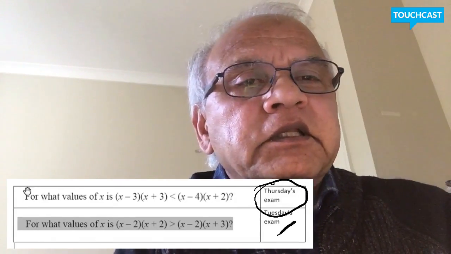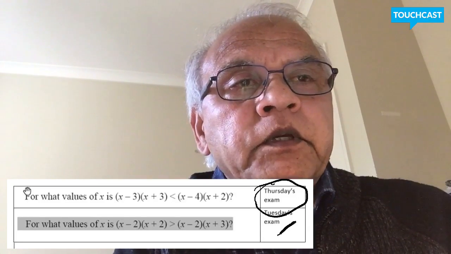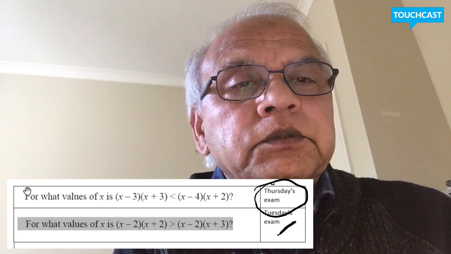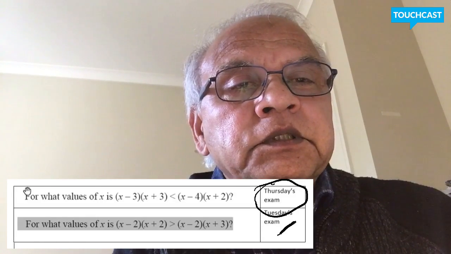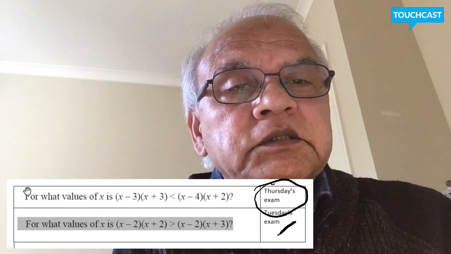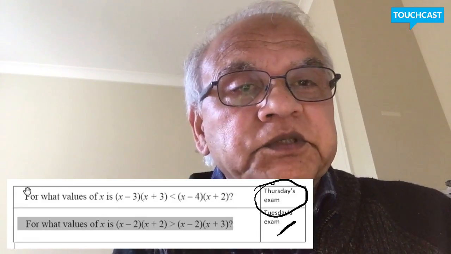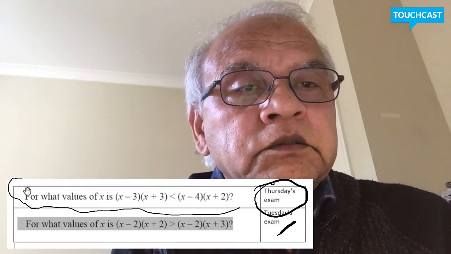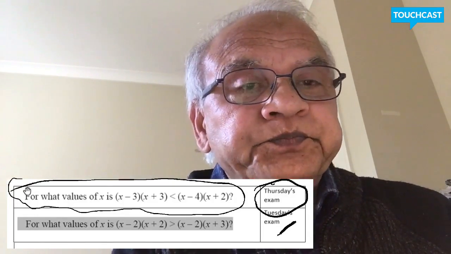Now, if you look at Thursday's question, people who would like to go for cancellation of similar factors, in fact, there are no similar factors in that inequality, so they are pretty safe.